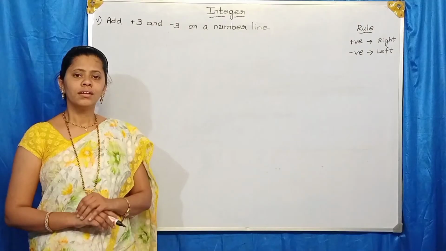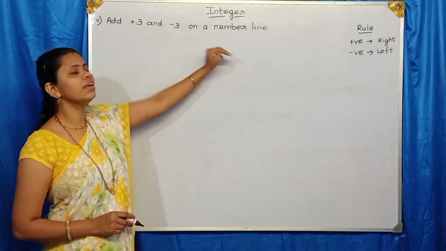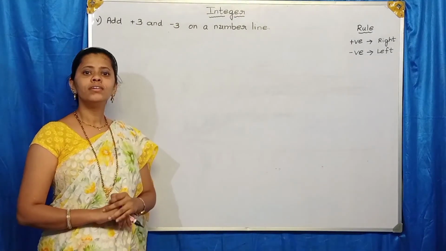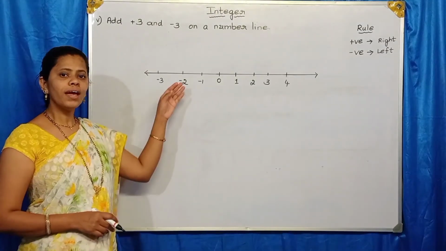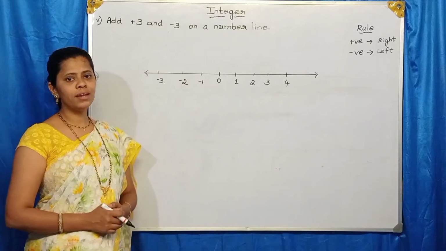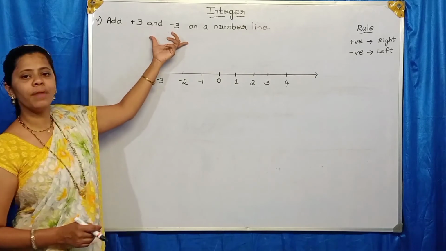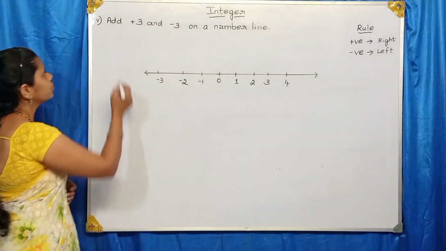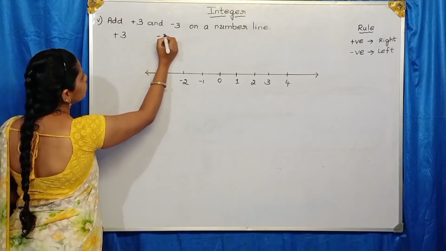Okay. Now, the fifth problem is add plus 3 and minus 3 on a number line. So, first let's draw a number line. You can see that we have drawn a line and we have marked the points on a number line. Now, let's add plus 3 and minus 3 on a number line. See here, plus 3 and minus 3.